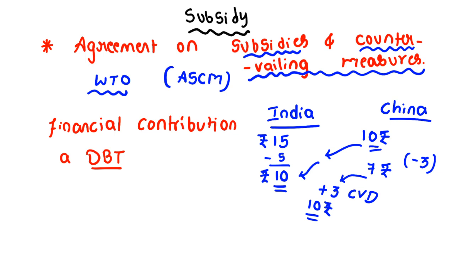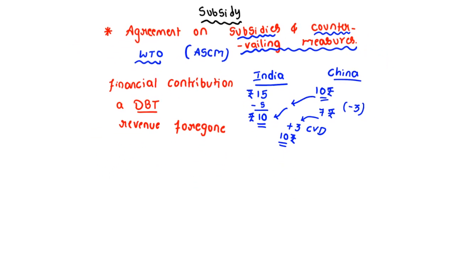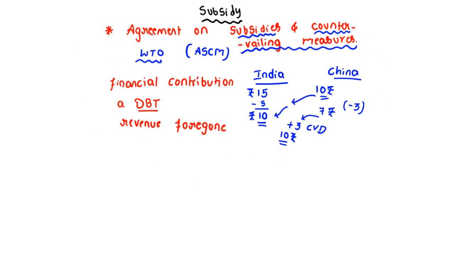So you have to know there is something called revenue foregone. What is the meaning of revenue foregone? Revenue foregone means the revenue that was lost by the government by giving a few exceptional measures. For example, I am earning an amount of 10,000. The government will say, if you are earning 10,000, I will charge you a tax of, let's take, 100 rupees.